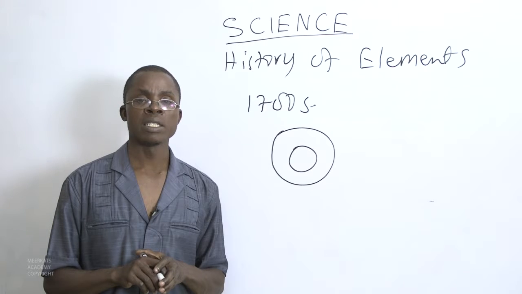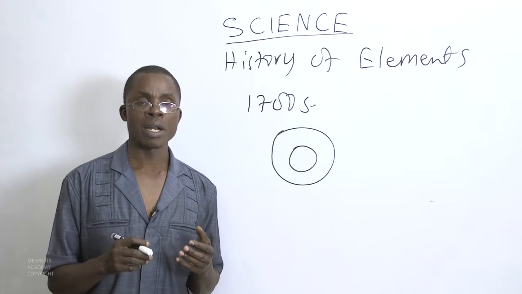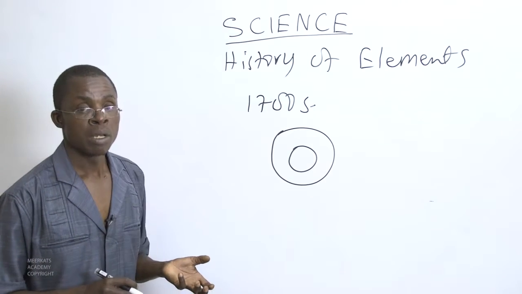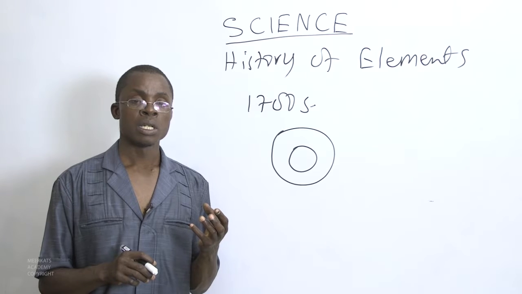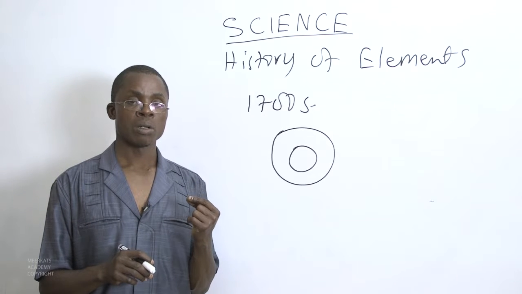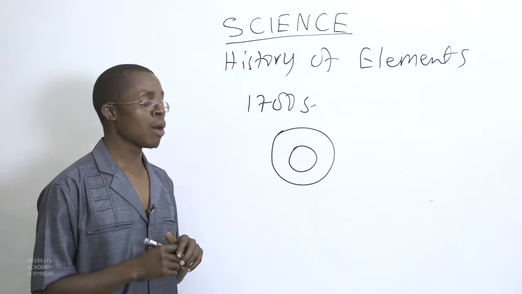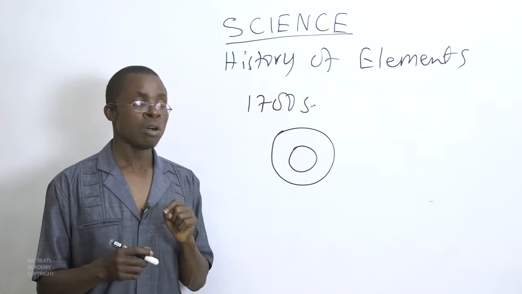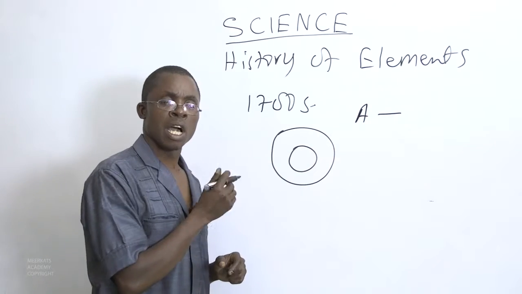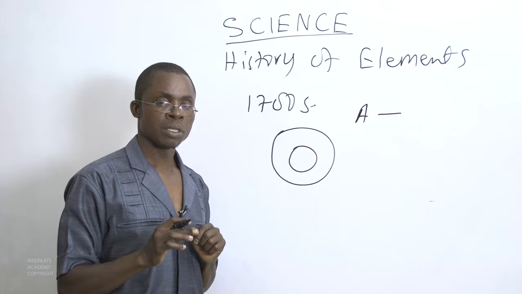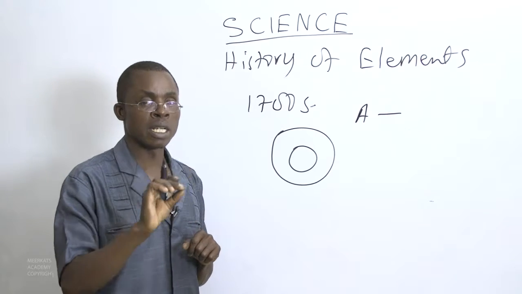a way of arranging elements. They developed a way of arranging these elements. Because remember, we have said that atoms are the smallest particle. These atoms, for them to form a particular matter, have to be homogeneous. So you can talk of substance A that will have a particular homogeneous type of atoms, which means that is a particular different type of atom, that is an element.